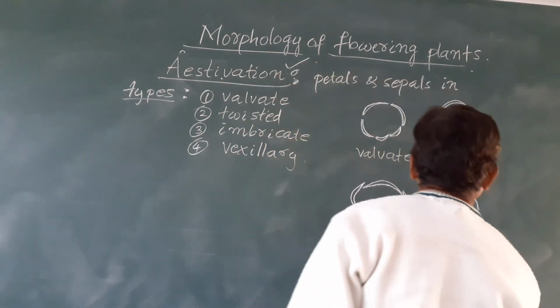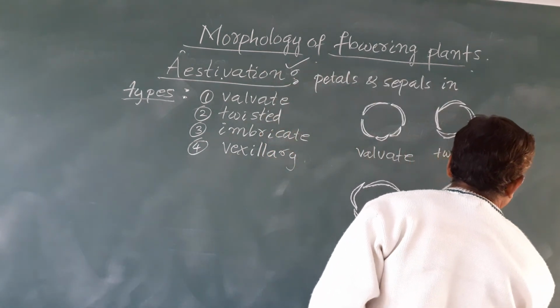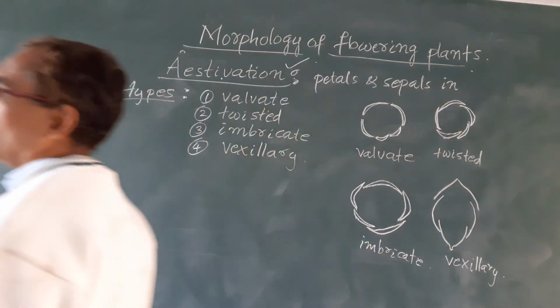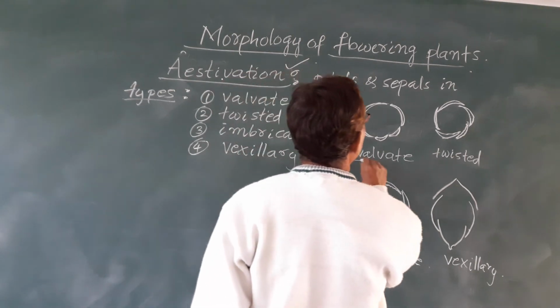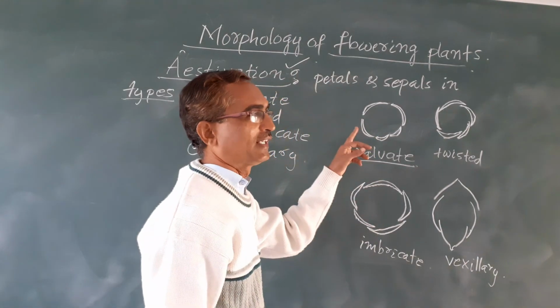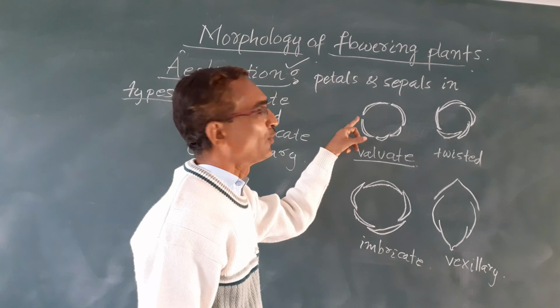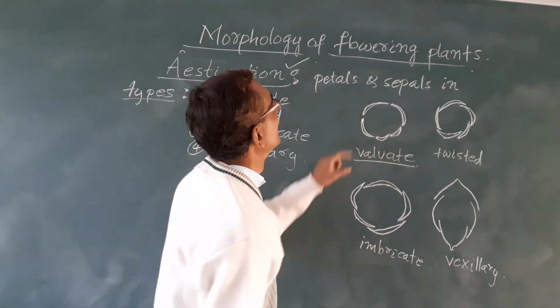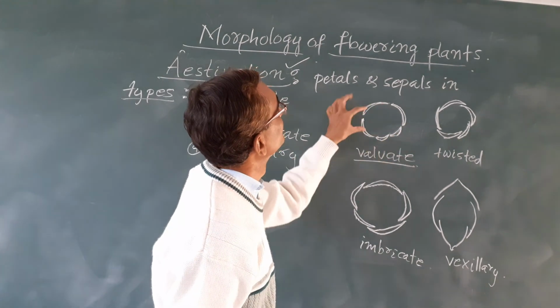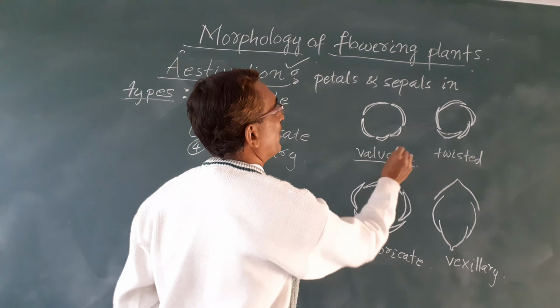In case of valvate, the sepals and petals do not overlap. They are in contact only with the margin. You see, there is no overlapping, in case of valvate.